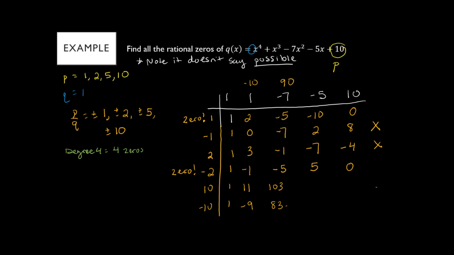So we have found 2 rational zeros, which tells us that the other 2 zeros, because we have 4 total, are either complex, so they're going to have imaginary numbers, or they're going to be irrational and have square roots. So we have 2 rational zeros.